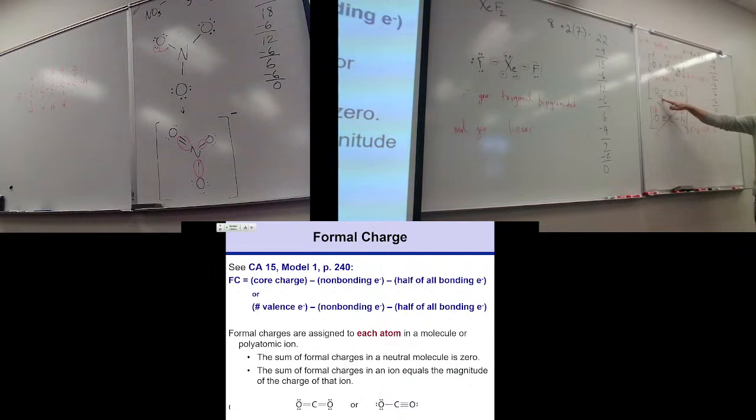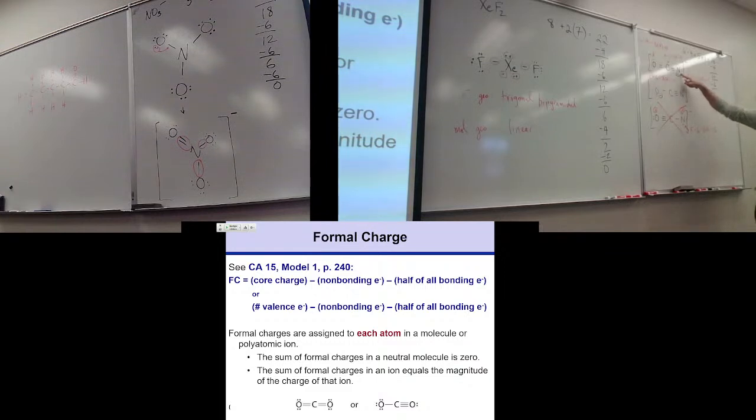This one has a -1 here. This one has a plus and a -2. So we want to avoid resonance structures that have many formal charges and large formal charges, if we can. Now, these two look identical, but the last rule is any negative formal charges should be on the more electronegative element.